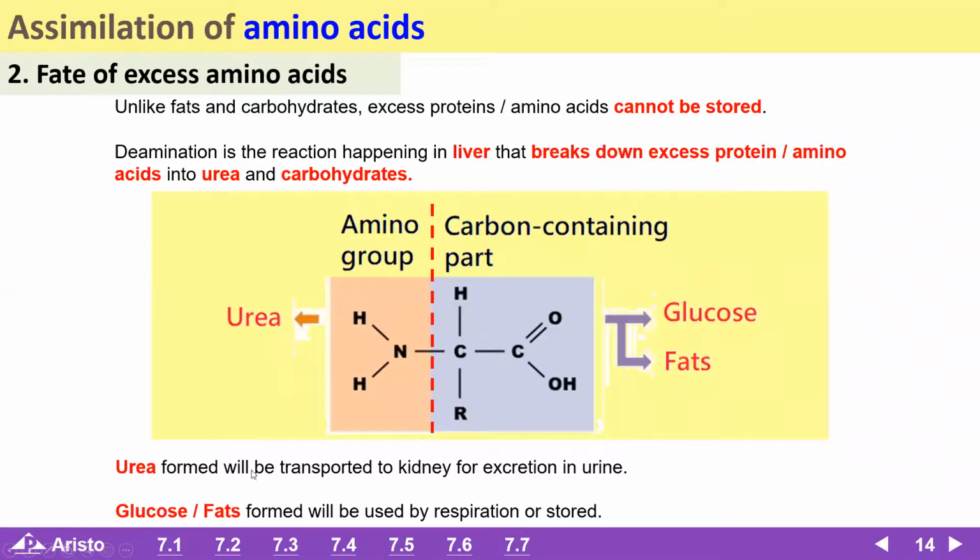Urea would be excreted by the kidney in the urine, while glucose and fats would be used in respiration or stored. This is something that we have learned in the last chapter, so it's exactly the same.